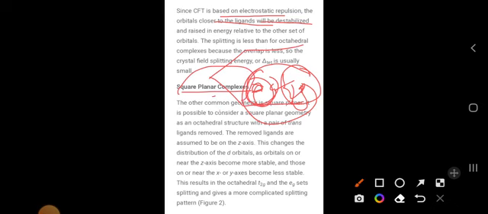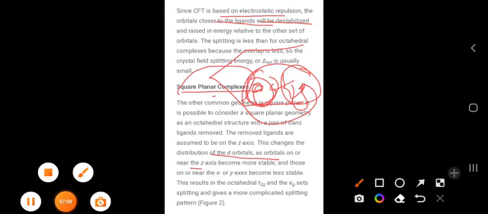That is what we call trans ligands removed. Trans ligands means the opposite ligands are removed. So here we are separating the ligands on the z axis. Why are we not separating on the y axis? Because the distribution of d electrons is only near the z axis.